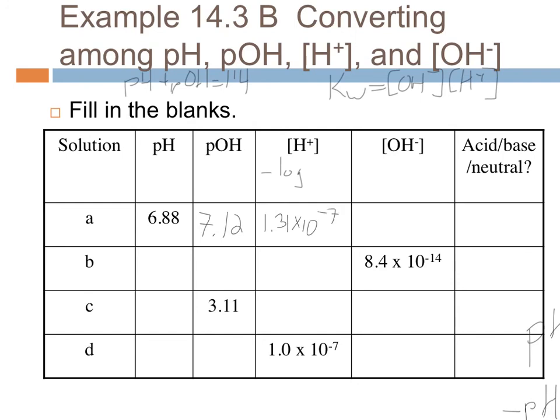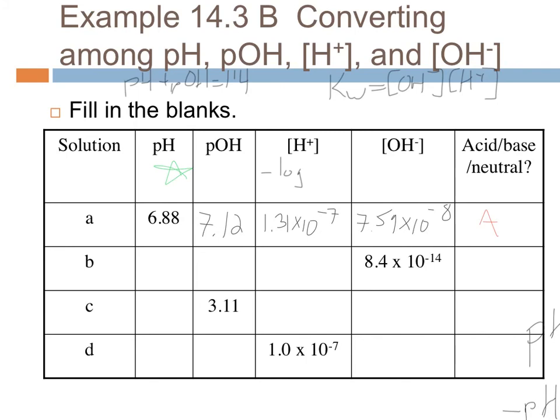And I can either use the K expression or the pOH expression here to get the hydroxide. 7.59 times 10 to the negative 8th. Okay. Acid, base, or neutral? Well, that comes from the pH. This one right here. So the pH there is less than 7. This is an acid.